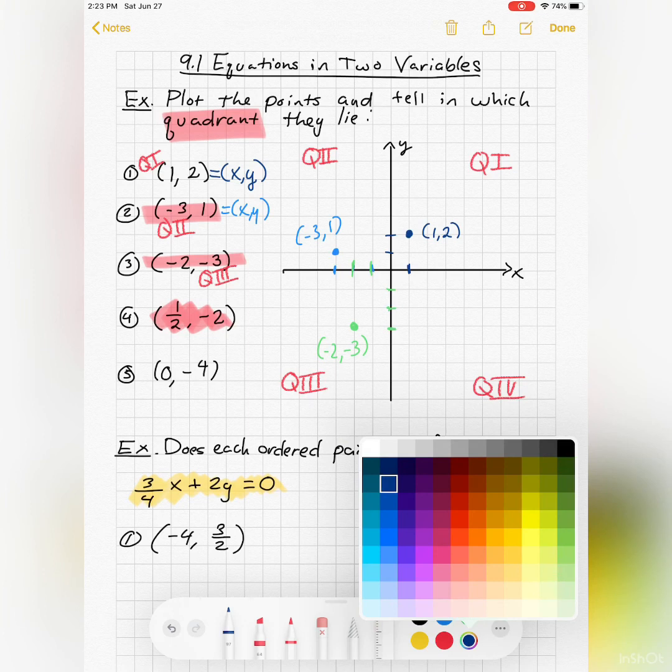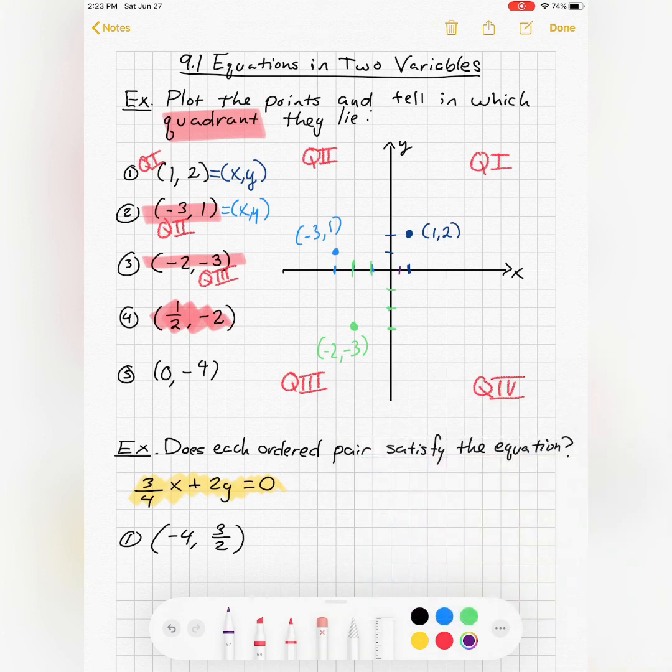Next one. The x is 1/2. The y is -2. Right 1/2, down 2. That guy is in quadrant 4.